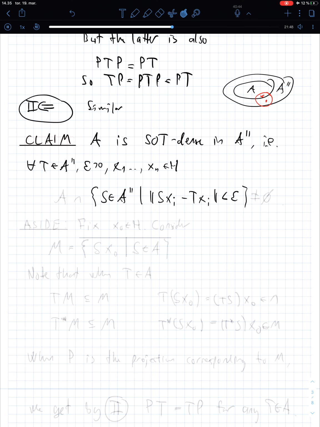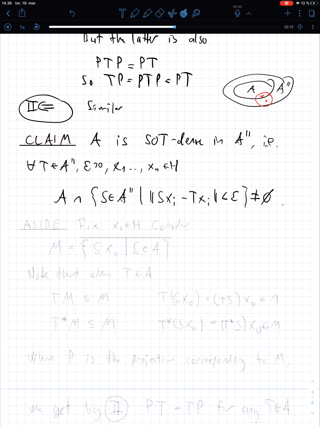This is what a neighborhood looks like in the relevant topology. Then that intersects A. So this is what we need to prove. And the way I'm going to do that is to use the prepared observation to get something that looks a little bit like this, and then use a trick to get the statement that we're after.